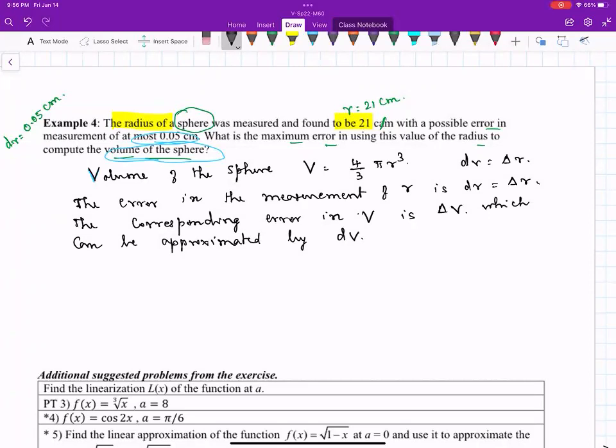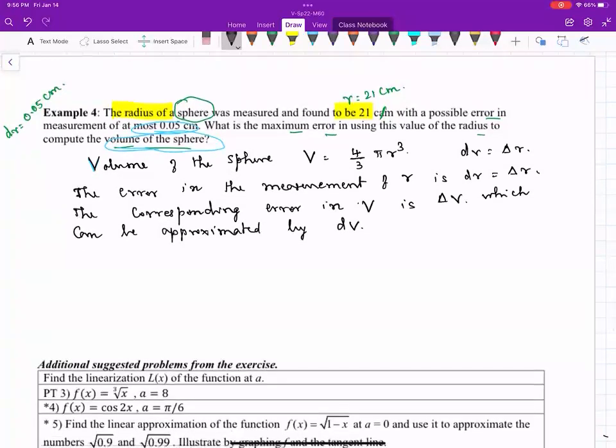This is the way we approximate. We take dy in place of delta y. We can take dv in the place of delta v. So delta v is actual, dv is the differential. So now we are going to use dv in the formula.